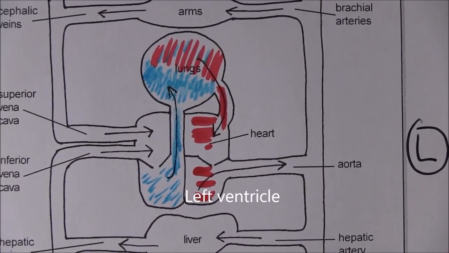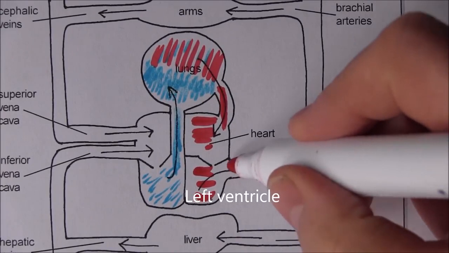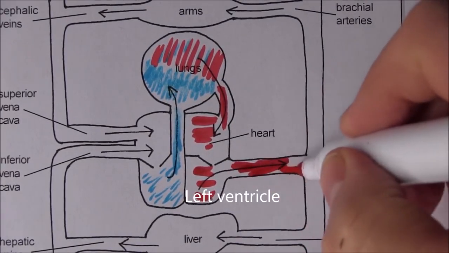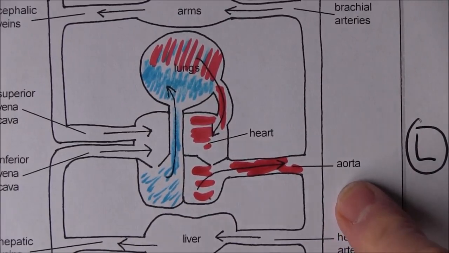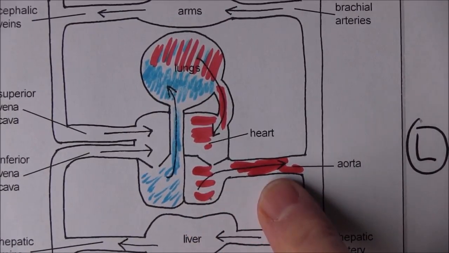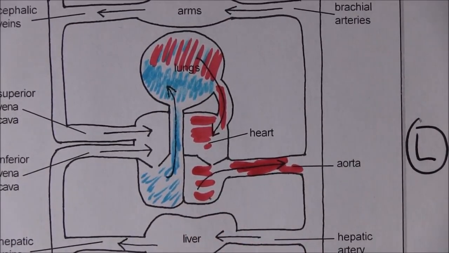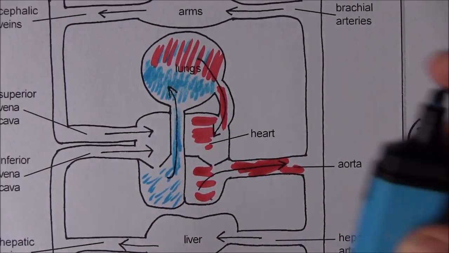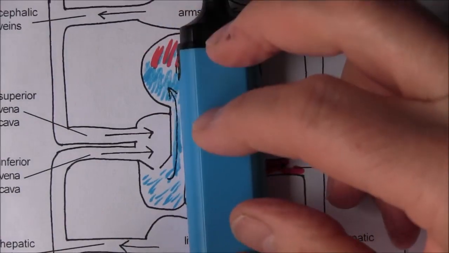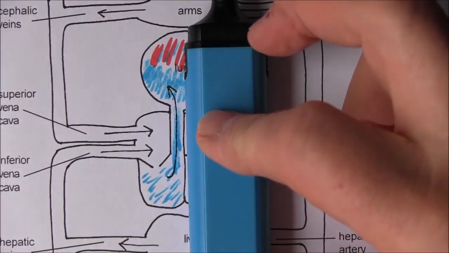Then the left ventricle is going to contract, and that's going to eject all the blood out into the aorta, this major blood vessel. So all the blood from the left side of the heart goes to the aorta. And maybe you can see already that it was the right side of the heart that's pumping blood to the lungs.